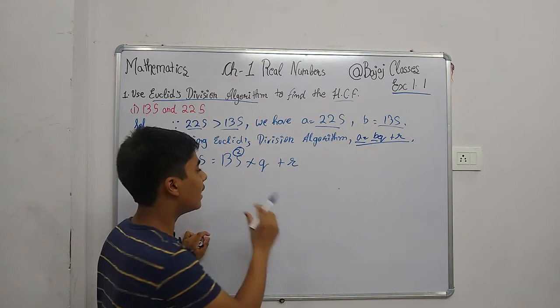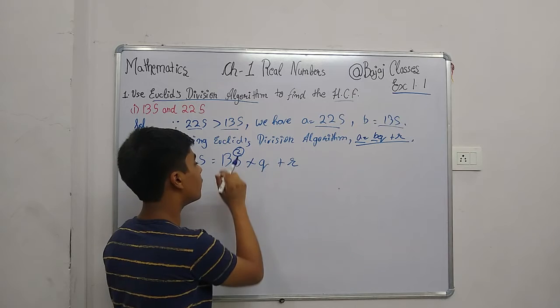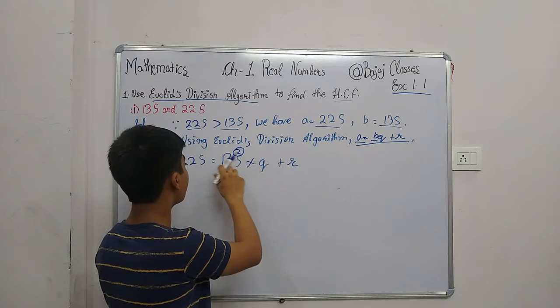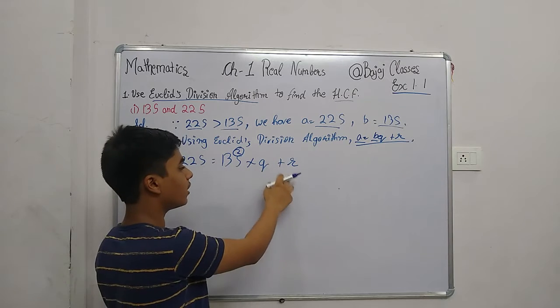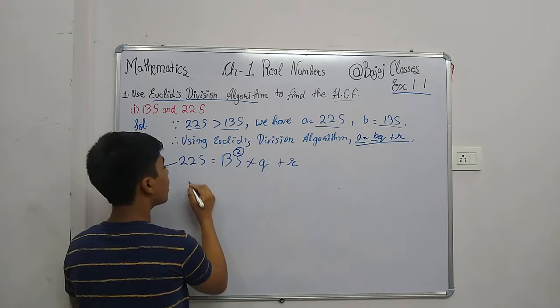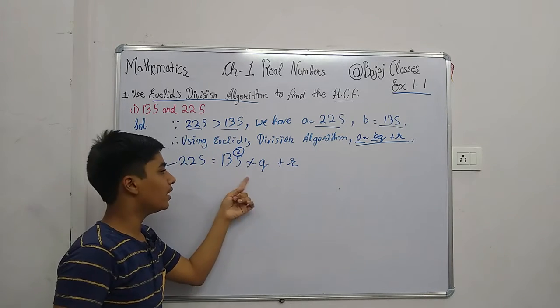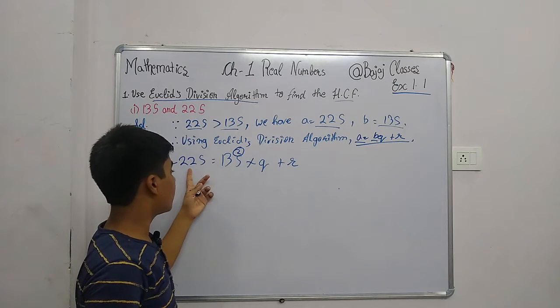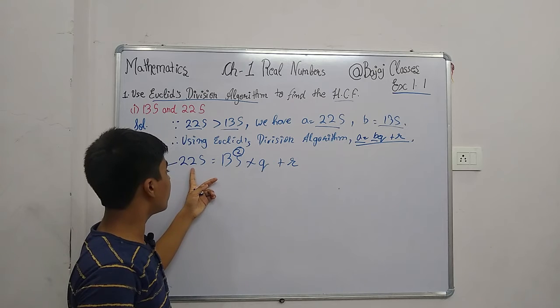So we have to find a quotient by which, if we multiply the second value or B, we will get 225 after adding the remainder. If we multiply 135 by 1, we get 135, which is smaller than 225.